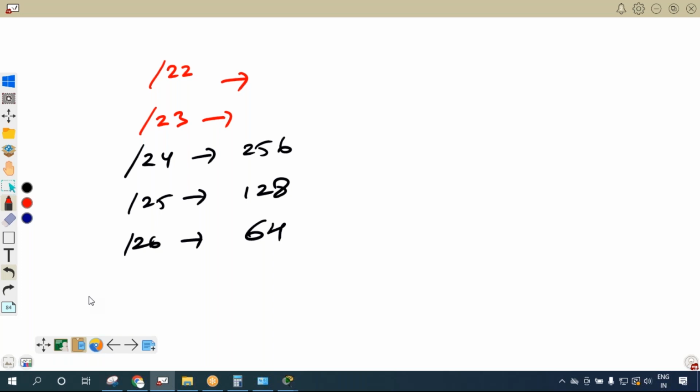Without doing any subnetting, just by looking at this, what do you feel? Correct, 512. What will /22 be? 1024. It doubles each time: 64 times 2 is 128, 128 times 2 is 256, 256 times 2 is 512, and 512 times 2 is 1024.